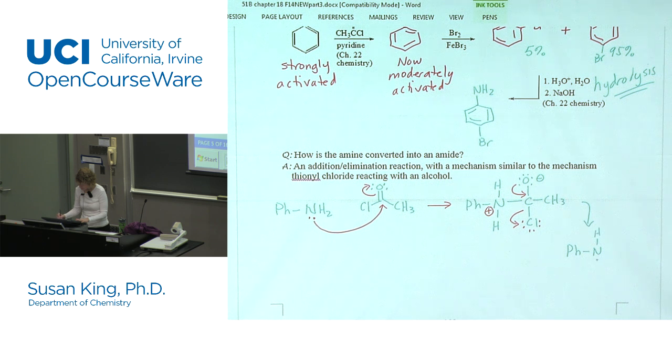This is not really anything too difficult, but technically it is material from 51C, so I will not be asking you this mechanism. And then, of course, the last step. If you draw this right under the thionyl chloride mechanism, you'll see how similar it is. In the last step, we deprotonate with pyridine.